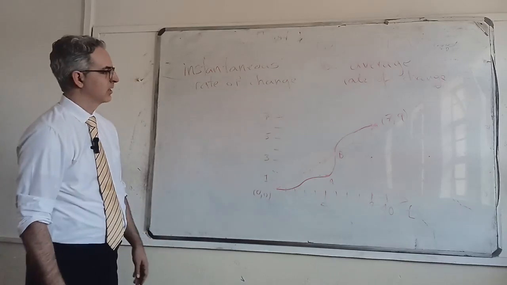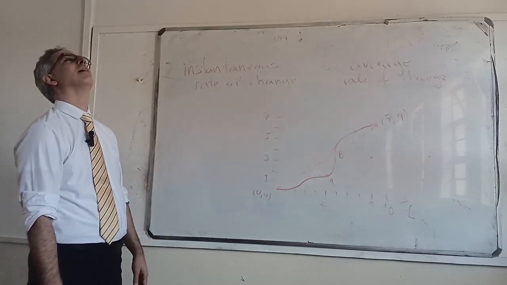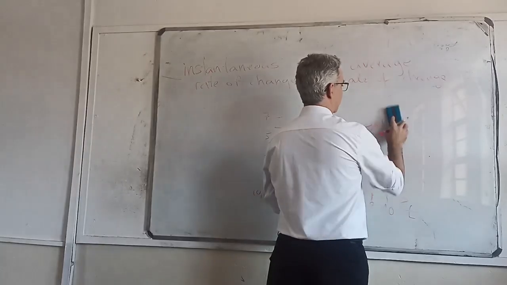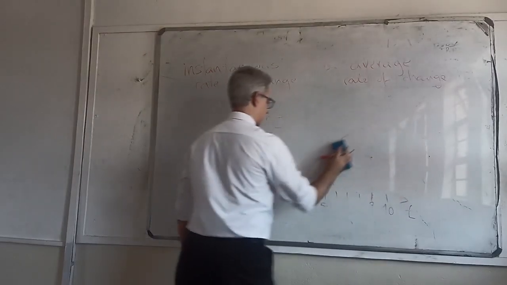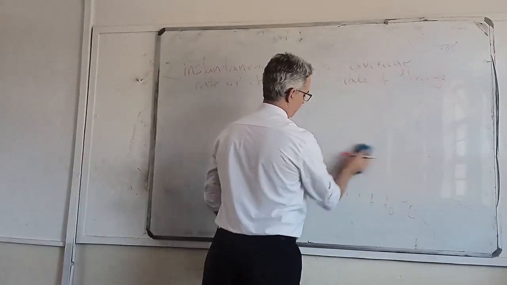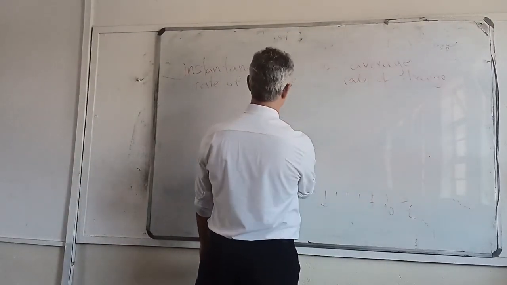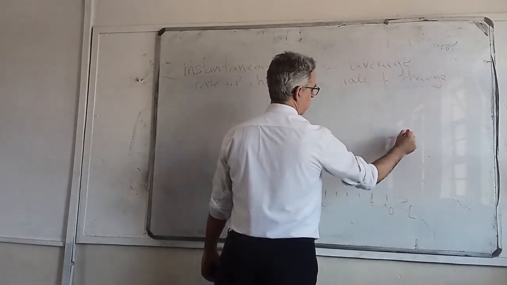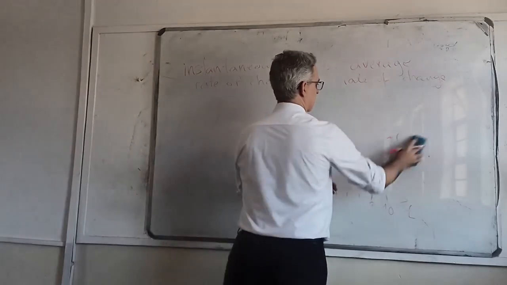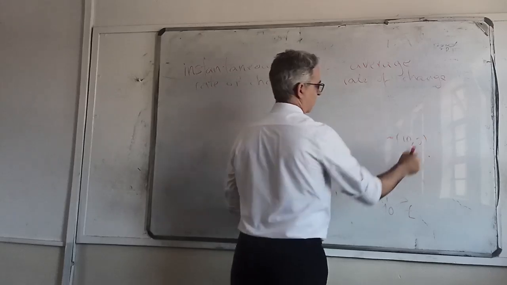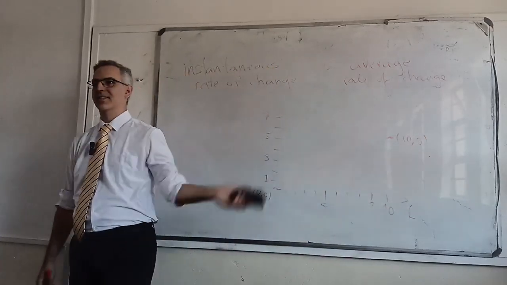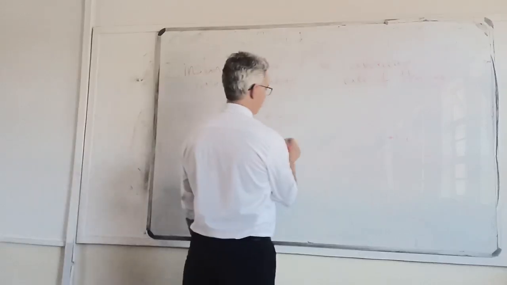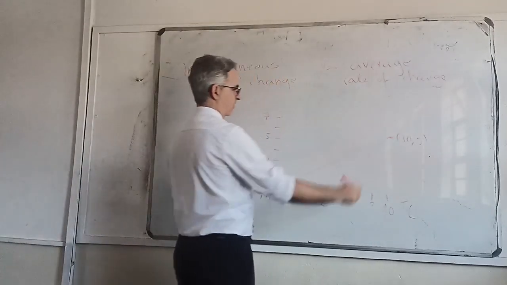I'm going to pick a different line just to make our life easier. This is 10, 5. Oh, nobody corrected me before. I wrote it backwards. It wasn't 7, 9, it was 9, 7. But now we're going to use 10 and 5. So 5 meters, 10 seconds.